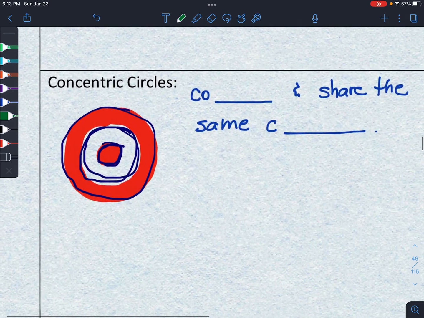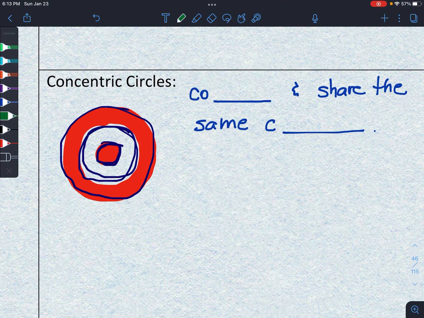Here is a fancy term, which you might not have heard, concentric circles. These are circles that share the same center. Okay? I'm not too sure what the co-word is here.